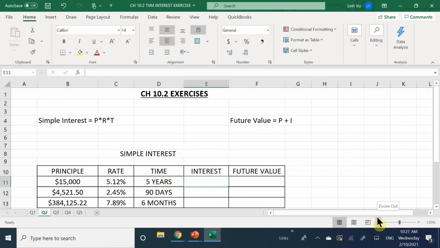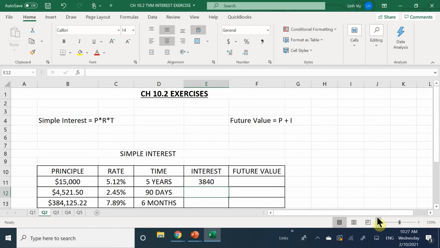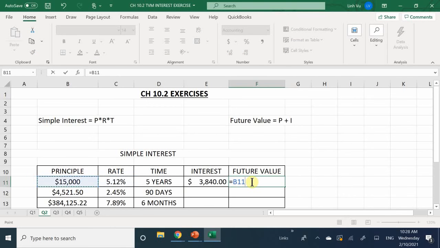So what's my interest going to be here? 3,840. Yes. Let me put these in terms of dollars. All right, good. So then what's my future value going to be? 18,840.